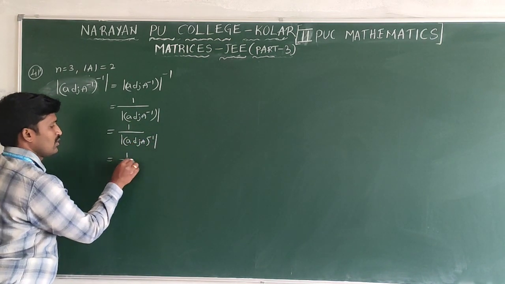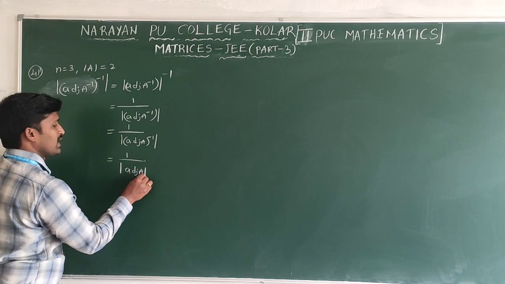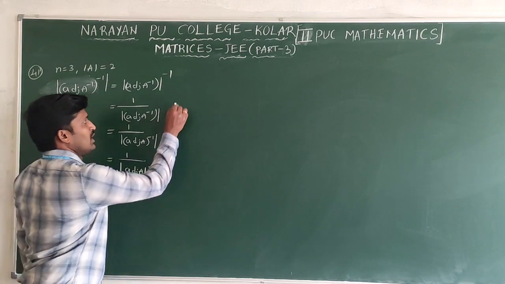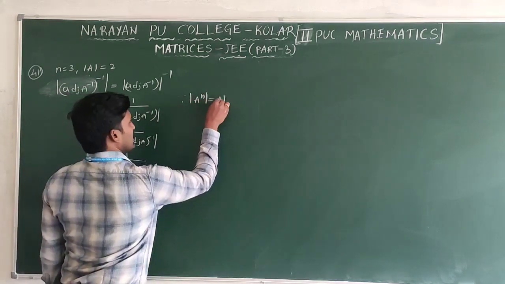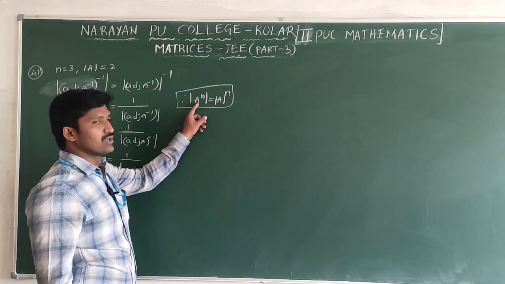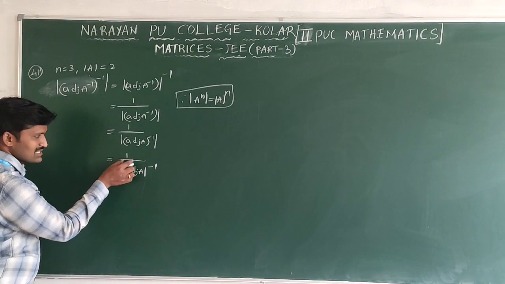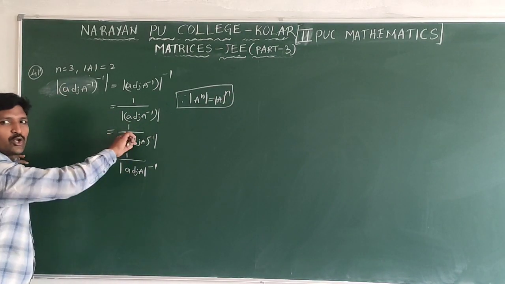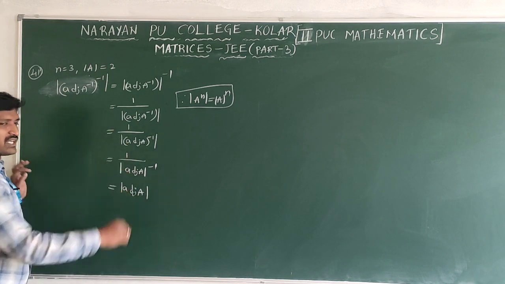Again from this, 1 by det of adjoint A whole inverse, we can write 1 by det of adjoint A whole power minus 1. For all this you are using the formula det of A power n equals det A whole power n. Now it is the reverse of this, it comes to the numerator. That's why now det of adjoint A.